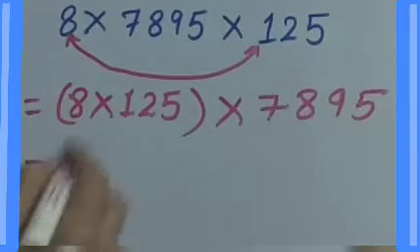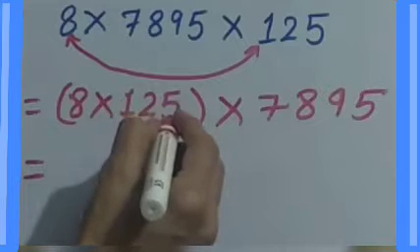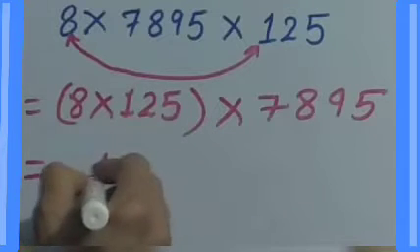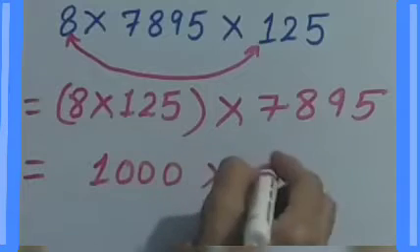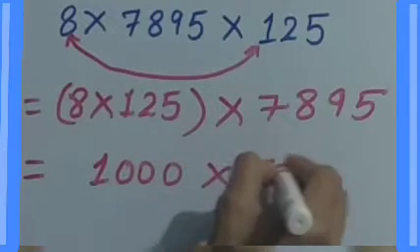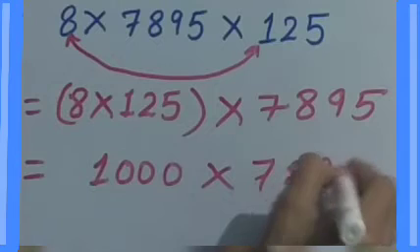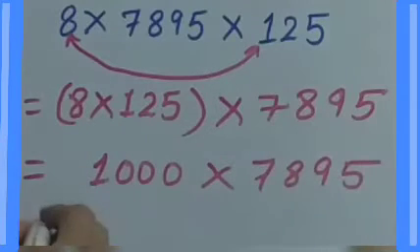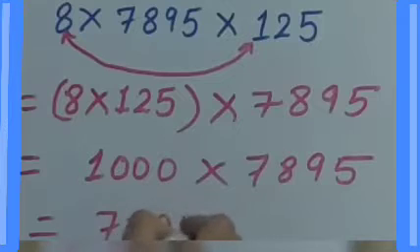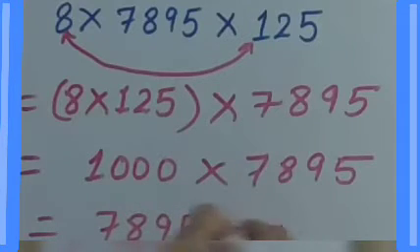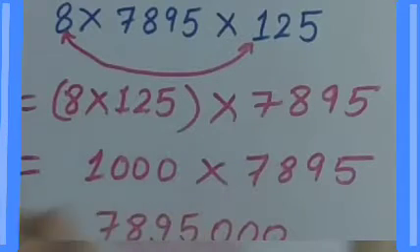On solving, 8 multiplied by 125, the answer is 1000. Then I multiply 1000 by 7895. The result is 78,95,000. This is the answer.